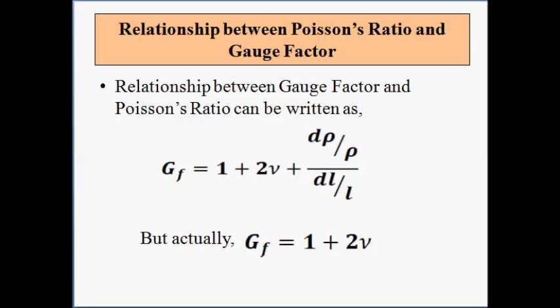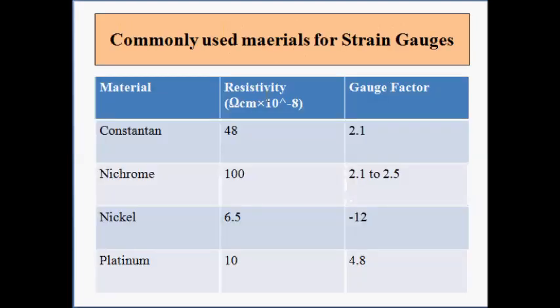Now, some of the materials which are used for building strain gauges are listed below. Their resistivity and gauge factor values are also given. You can note them down if you want. Basically platinum and nickel are used for construction of strain gauges along with constantan and nichrome, and semiconductor strain gauges are also available.